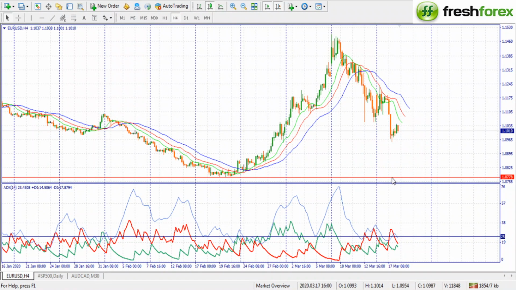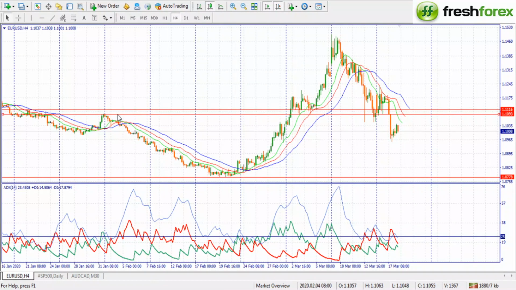1.0778. And if, as it is now, the price is to pull back up, then this should be the correct place we want to sell from. So this is perfectly in line with what we mentioned yesterday. This is perfectly in line with our support. Right below.